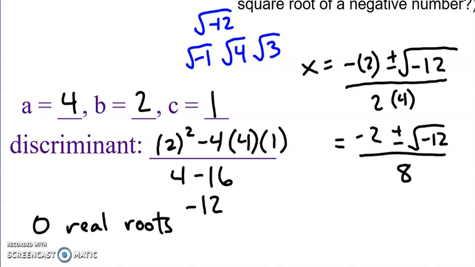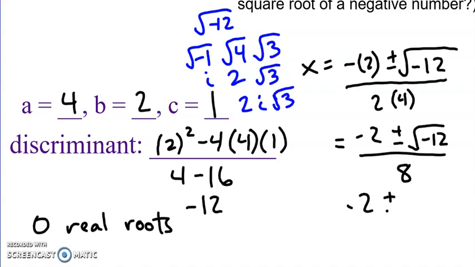Right? We're looking to factor or take out a negative 1 if we have a negative there, and then factor out any perfect squares. 4 is a perfect square and is a factor of 12. So remember, this gives us our imaginary number i. This is a 2. And then the root 3 stays as is. And then we just need to rewrite it. So it's 2i root 3.